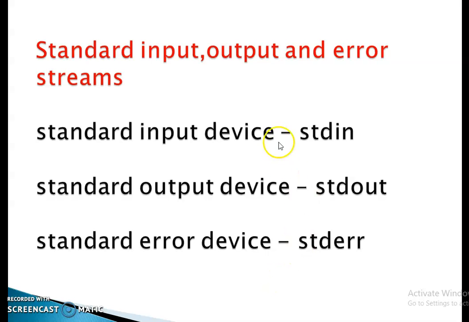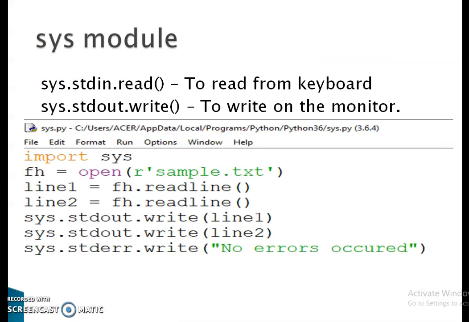Okay, so to use these functions, stdin, stdout and stderr, first we need to import one module called the sys module. If you import this sys module in your program, then you can use sys.stdin.read.